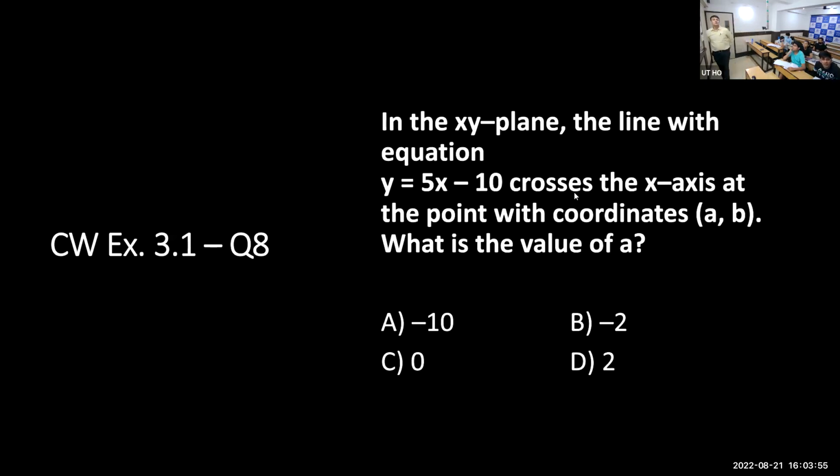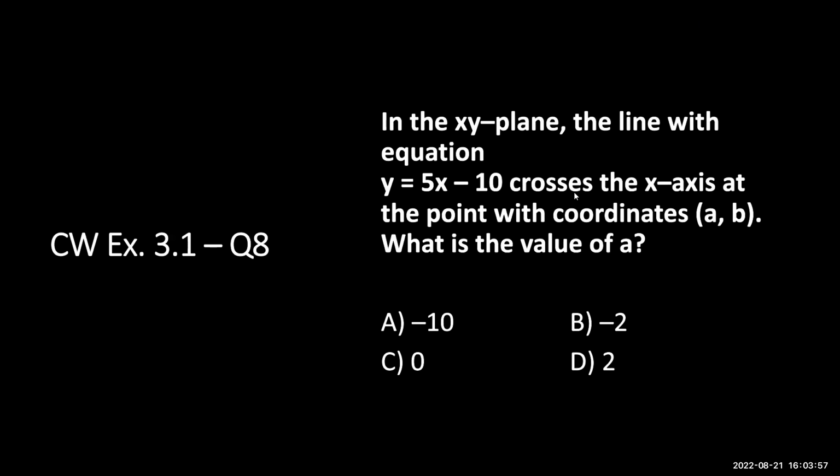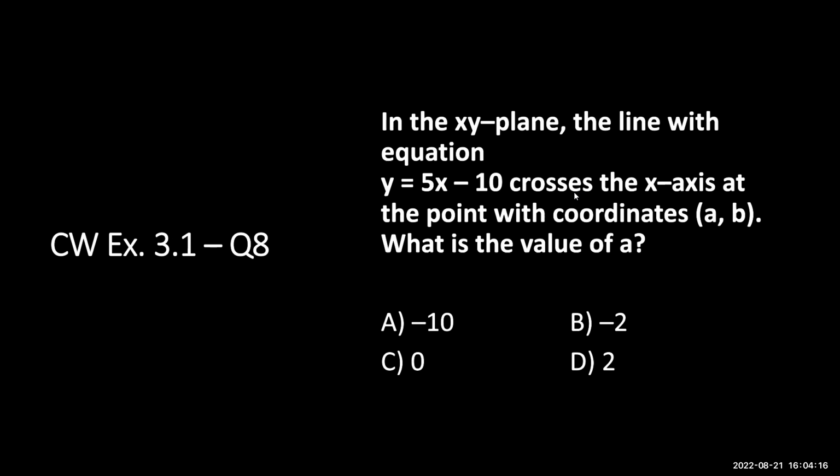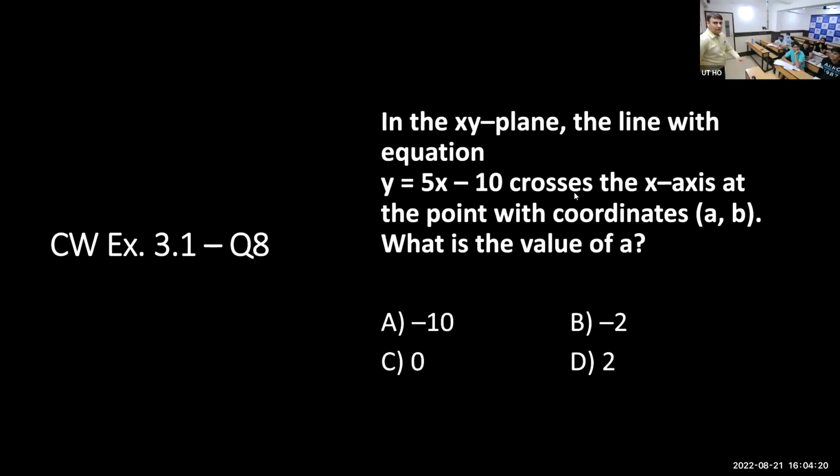Soham, please unmute. Yes, sir. Soham, if a line crosses the x-axis at a comma b, what will be the value of b? So it should be 5a minus 10. No. You don't have to find the value of b. I'm asking you a question.